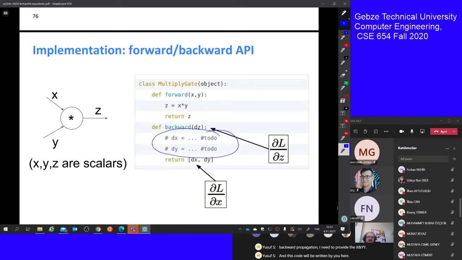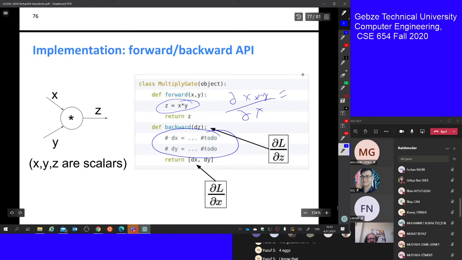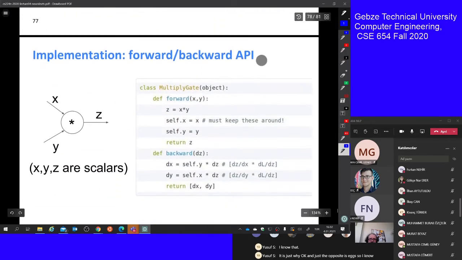What is your local gradient? Find the local gradient. It is not that difficult, because if I take the gradient of x times y, for x, I know that it is just y, and just the opposite is x, so I know what to write in here.